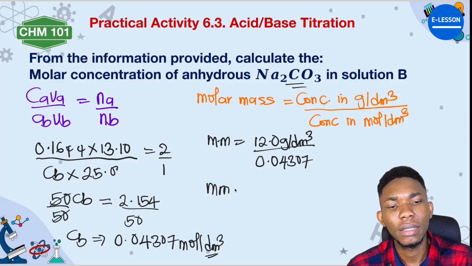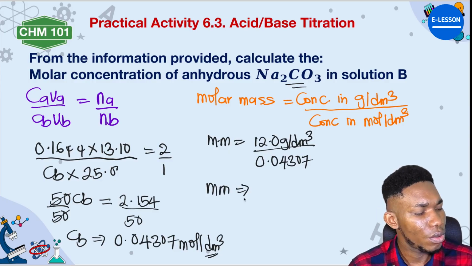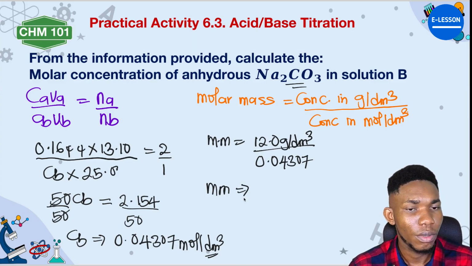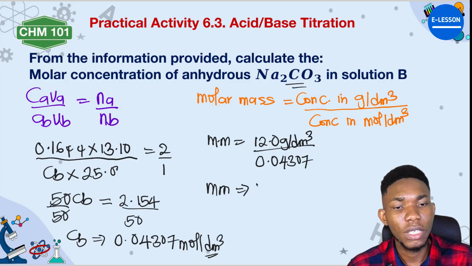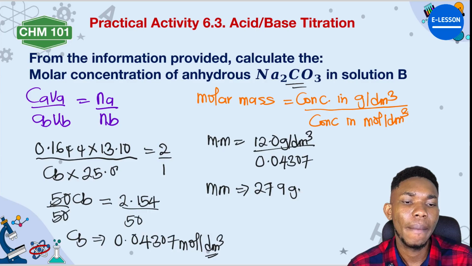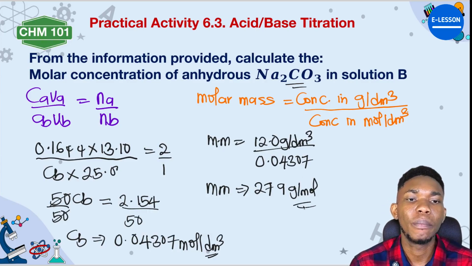So the molar mass will be 12.0 divided by 0.04307, approximately 279 gram per mole. That is our molar mass, 279 gram per mole.